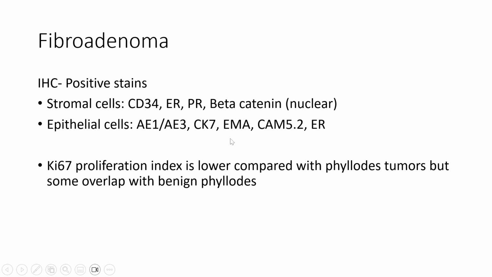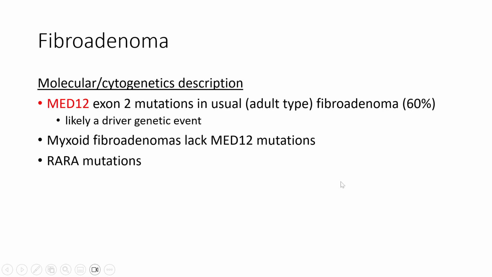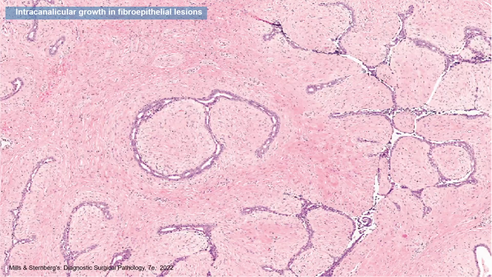The Ki-67 proliferation index is usually low compared to phyllodes tumor. For the molecular finding, that is the MED12 exon 2 mutation, and the myxoid variant usually lacks this mutation. Another rare mutation may also be found in fibroadenoma.